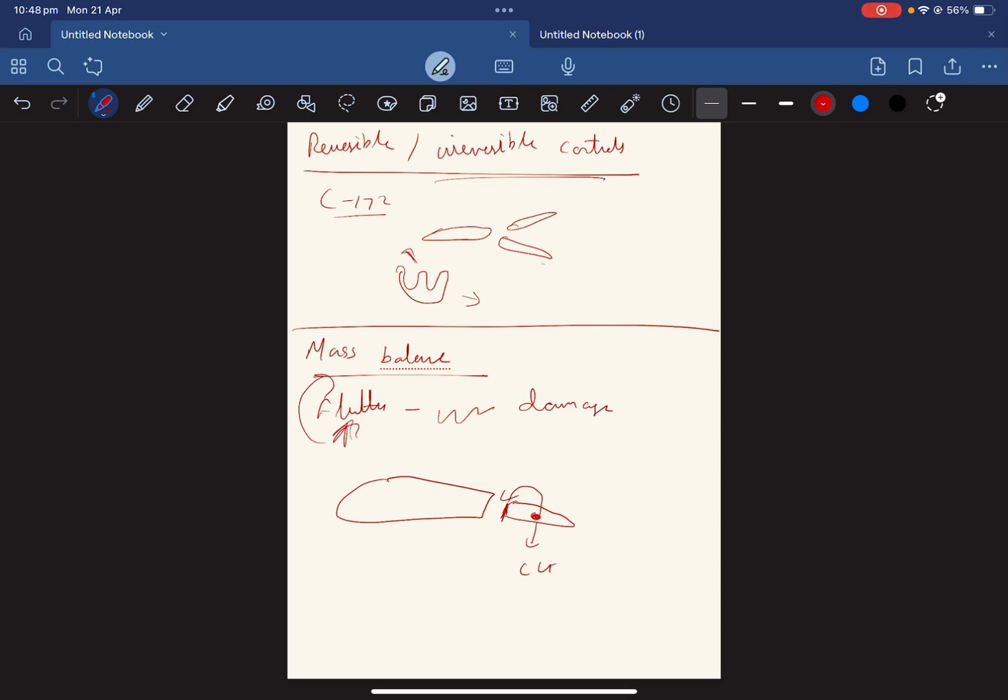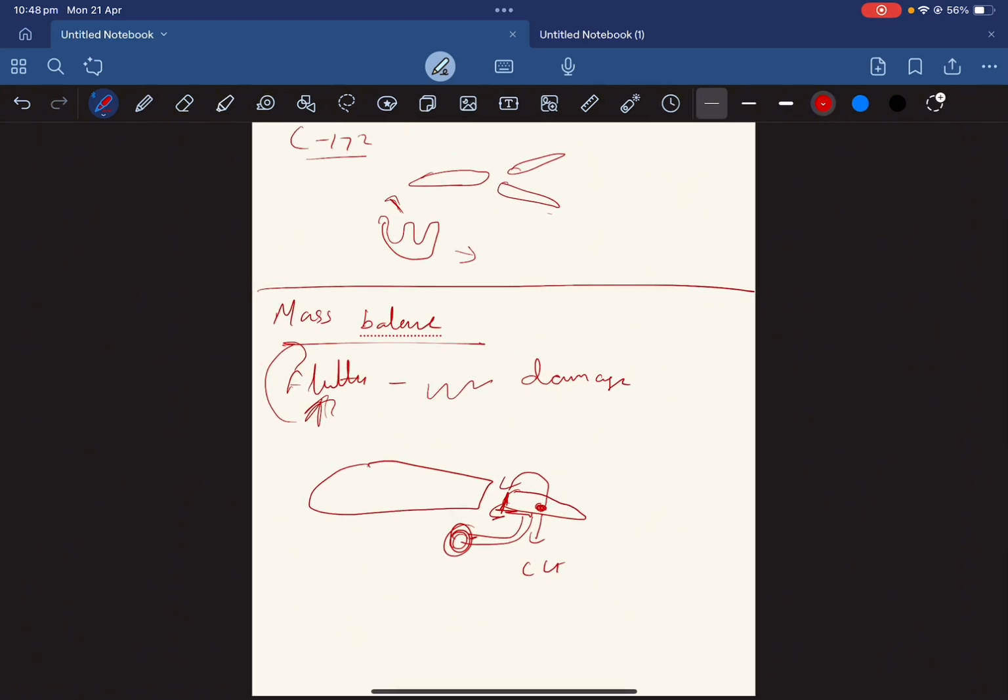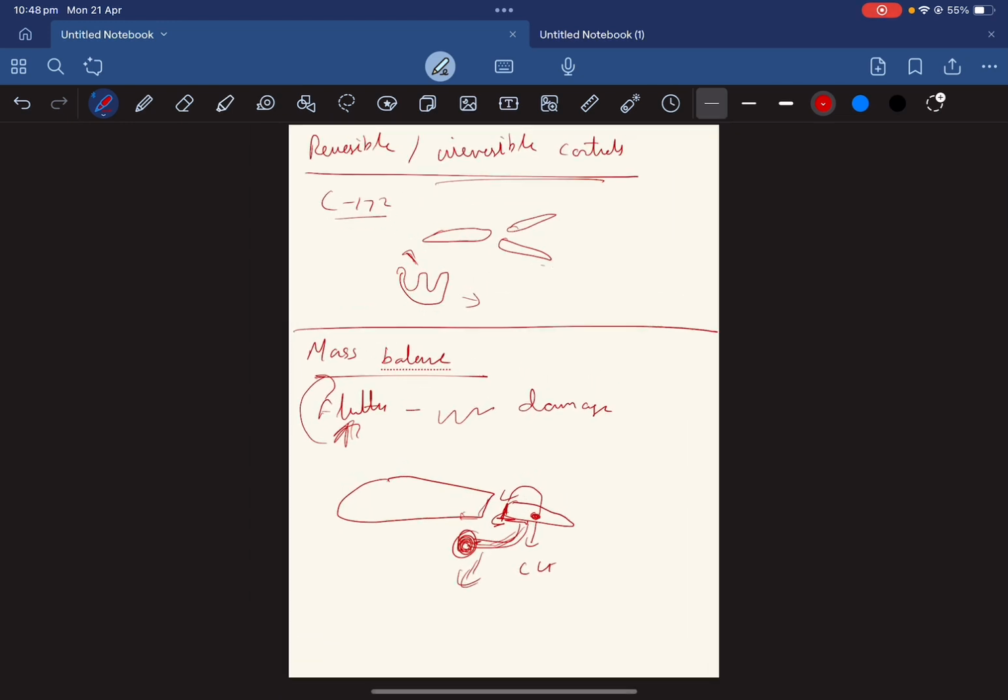So what we do is we add a sort of weight in front of the hinge. So let's say if I add a weight like this over here, what this does is it brings the CG forward, close to or ahead of the hinge line. Usually this type of thing is inside of the structure, because if it's protruding outside, this will increase your drag, right? So we prefer putting it inside in a way that there's no surface coming out, right?